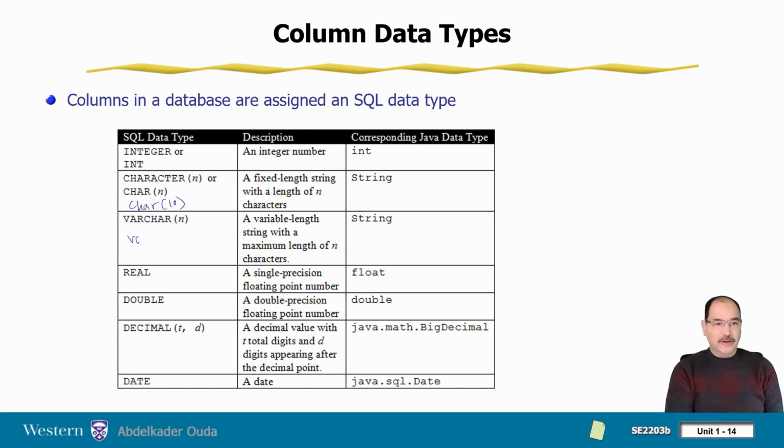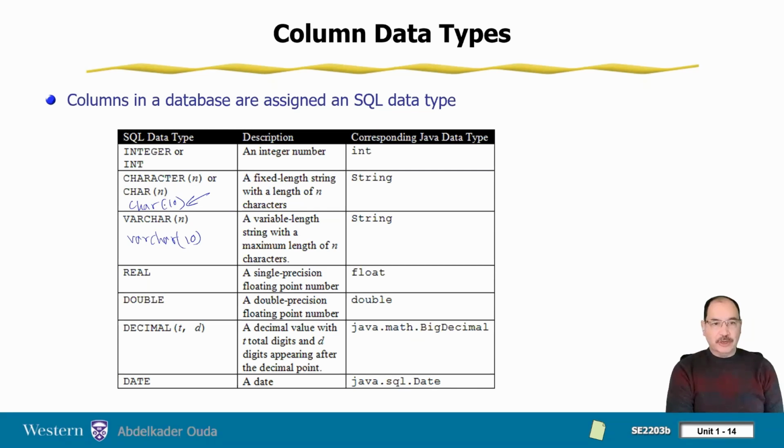And here we have varchar. We can also have varchar 10. Both are string columns. So what's the difference between both of them? The first one, when you say char 10, it reserves 10 locations, 10 characters, or 10 positions for every single value in the column, whether we fill it with information or not.